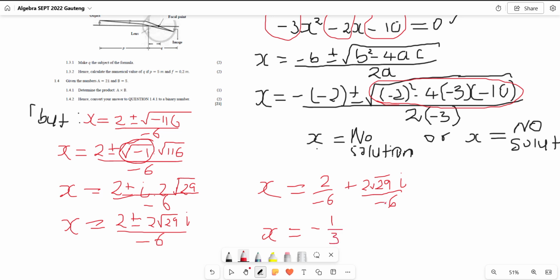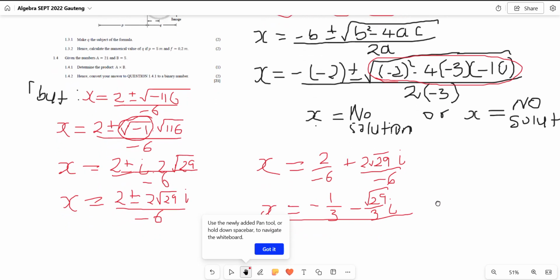Then positive divided by negative, we have negative, 2 square root of 29 divided by 6, it will be square root of 29 divided by 3. Yes, we have square root of 29 divided by 3i. Then this is the solution of x in complex number form.